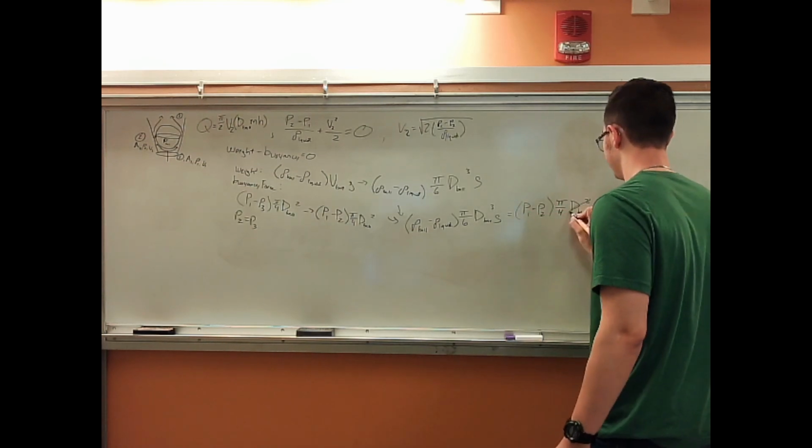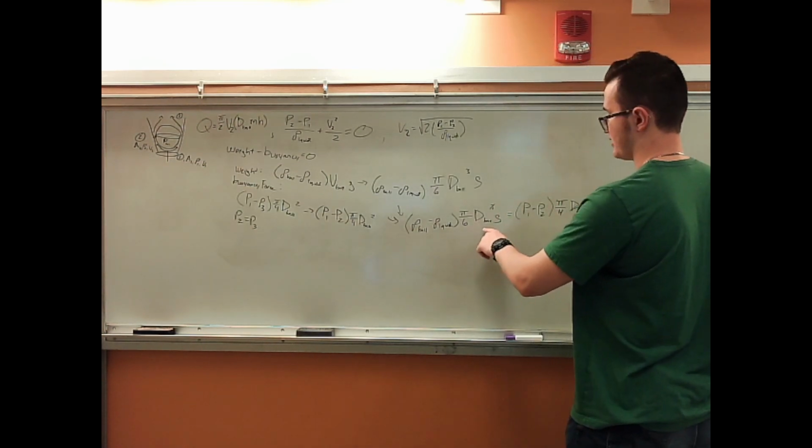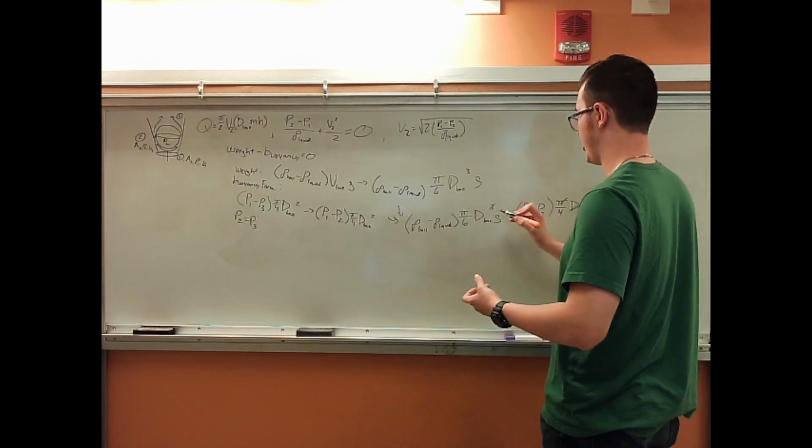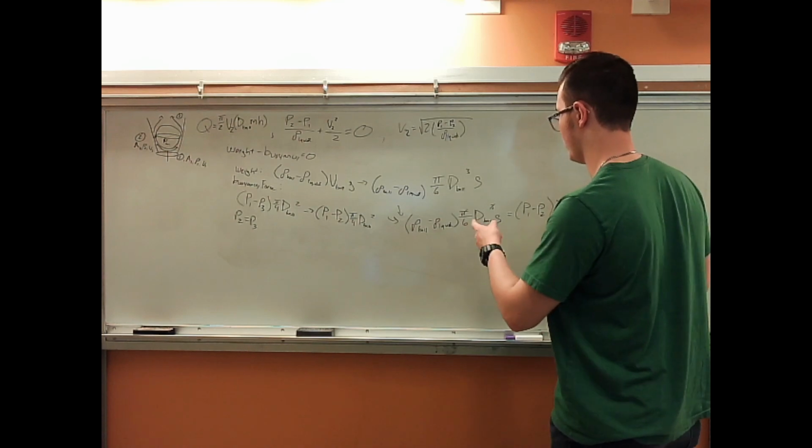Now, these are going to cancel to leave a diameter of the ball to the singular power, the pi's cancel, and this 4 to 3.